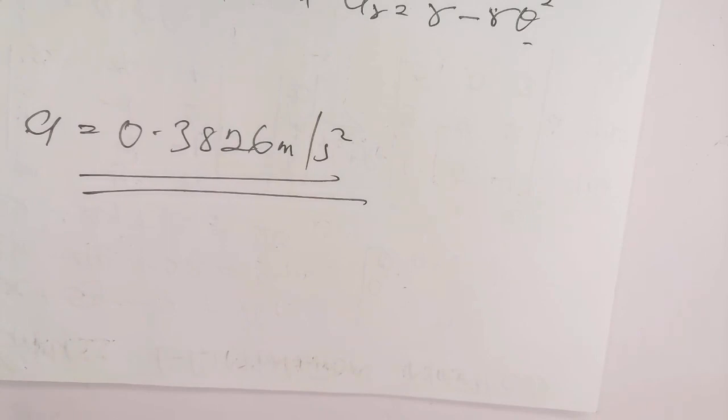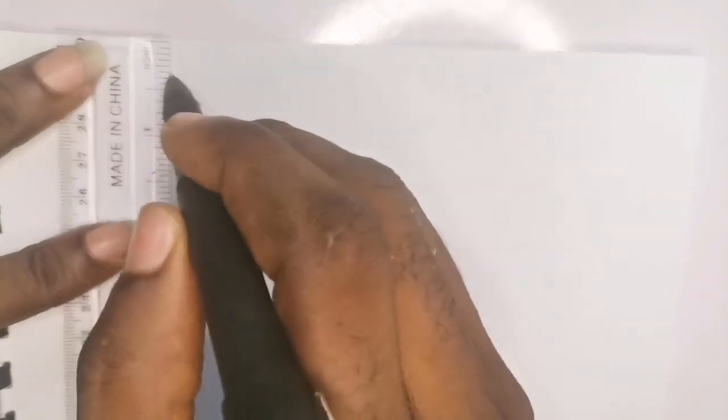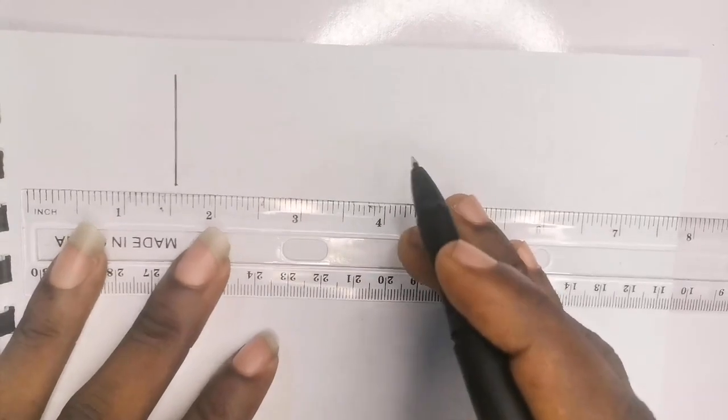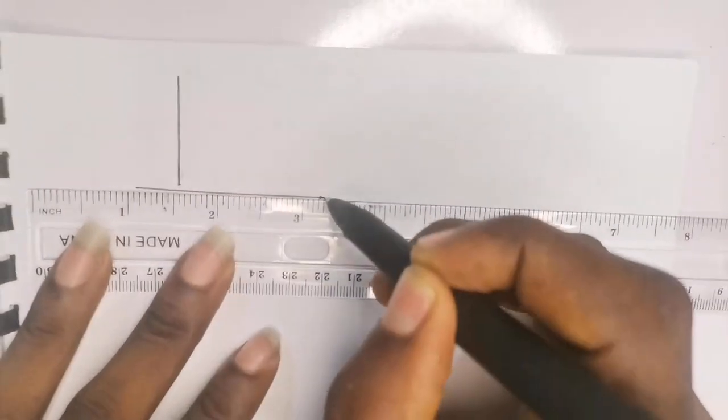The second part of the question says we should express the velocity and acceleration in terms of unit vectors i and j. So to express the velocity and the acceleration in vector form, let us consider this diagram. Let's consider a right angle triangle, simply a graph.